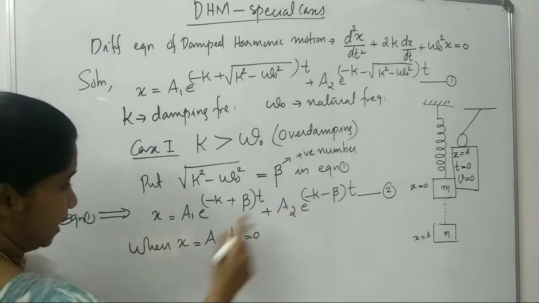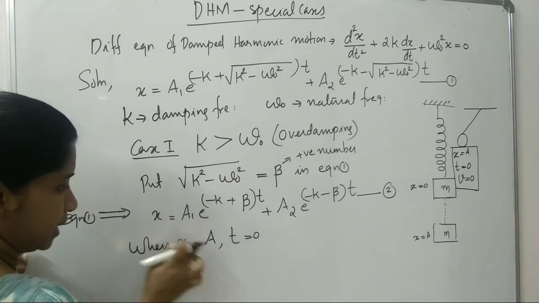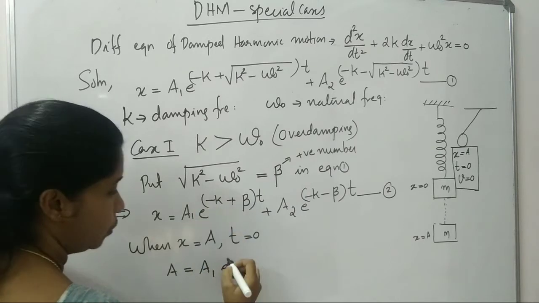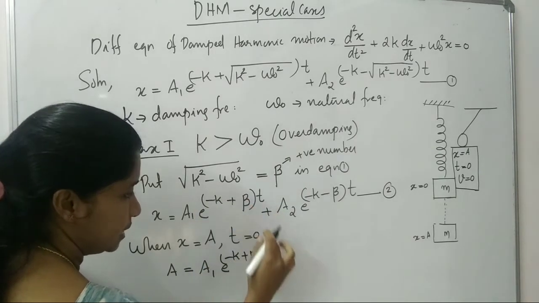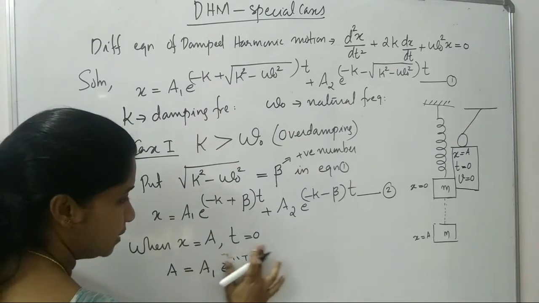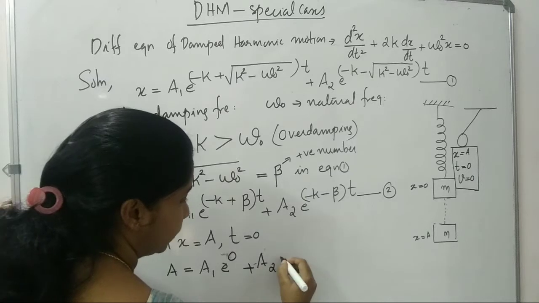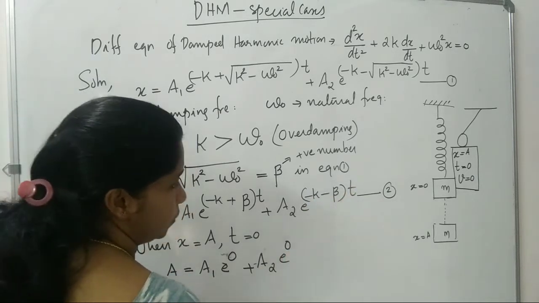So we get a = a1 e^(-(k + β)·0) + a2 e^(-(k − β)·0).